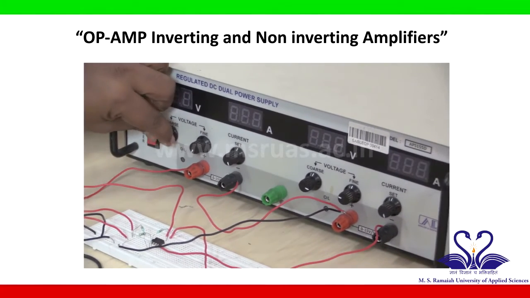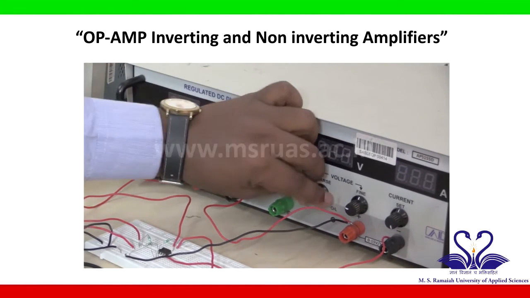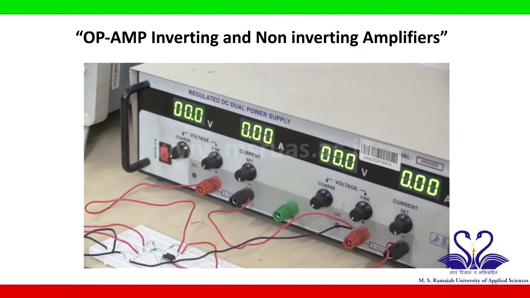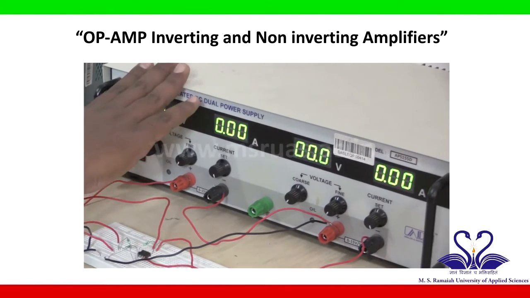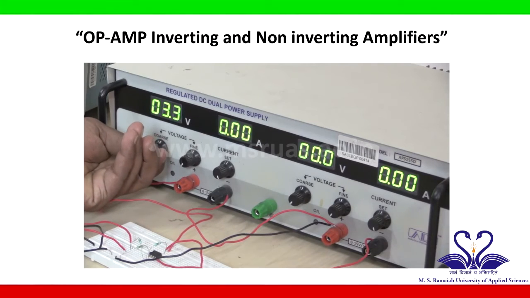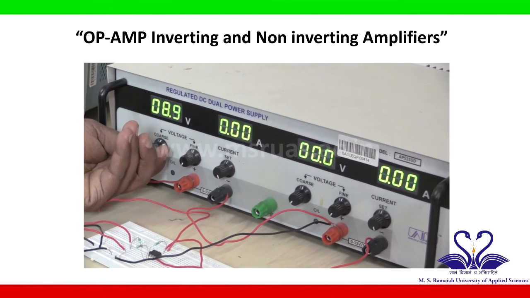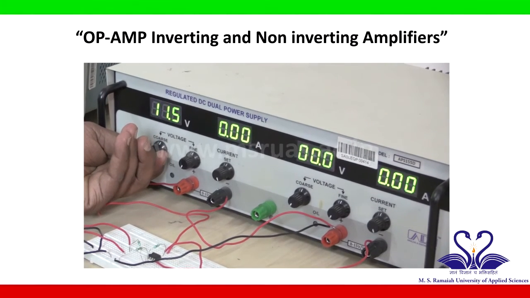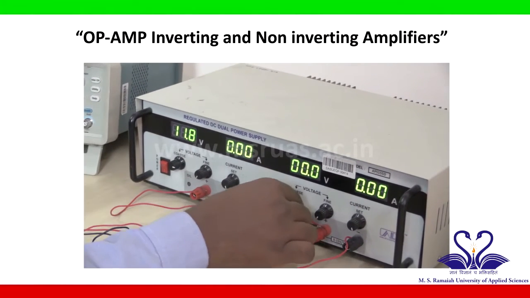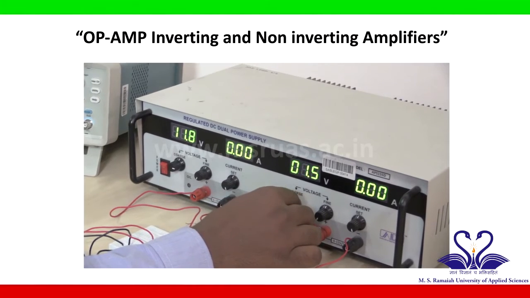Before turning on, make its voltage to minimum value and current to maximum value. And now we will set both source voltages as 12 volt. Make it 12 volt by using this knob. Similarly, set the second source as 12 volt.